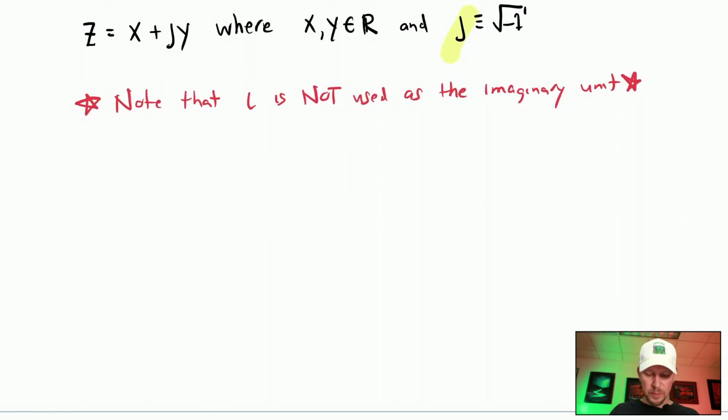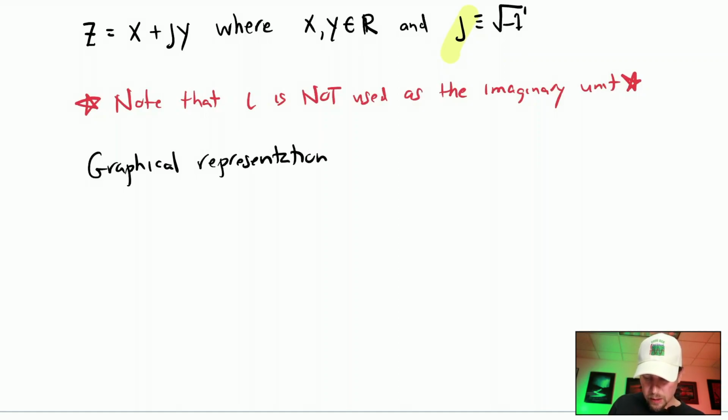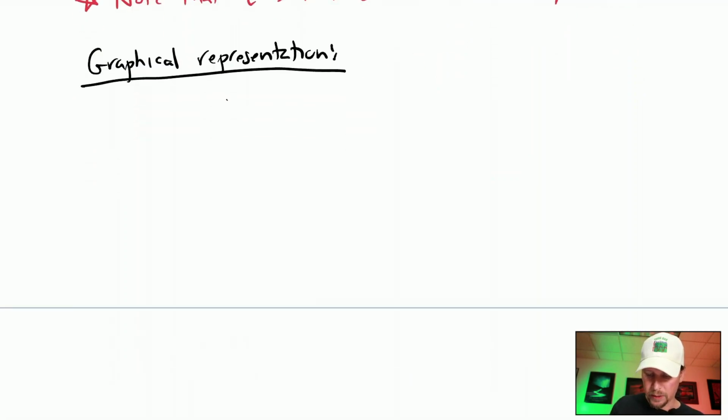Now, complex numbers themselves can be represented graphically. So let's talk about the graphical representation. They're represented on a plane, right? So a two-dimensional graph.